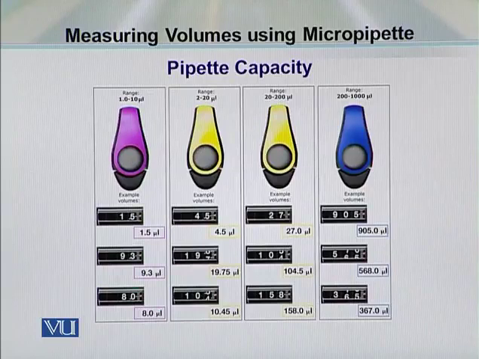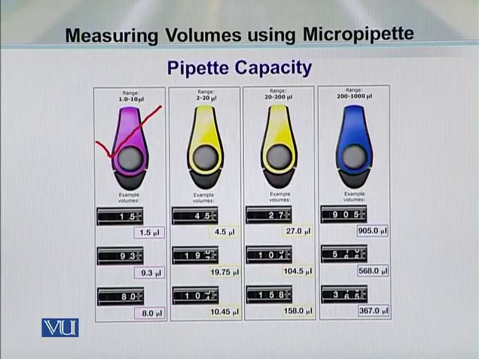As you can see in this picture, we have the top view or the plunger button view of the micropipettes. This one is the P10 because this micropipette can measure maximum volume up to 10 microliter. This one is P20 because its maximum volume measurement capacity is 20 microliter.